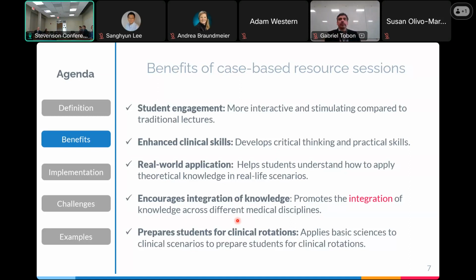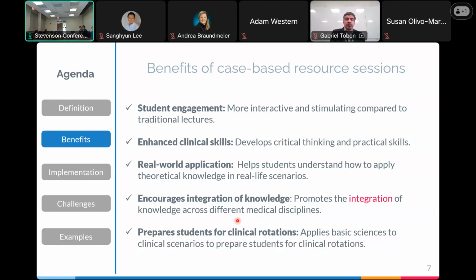We can also enhance clinical skills, developing critical thinking and practical skills with the real-world application of concepts. They already have, in the second year for example, the knowledge of basic sciences, biochemistry, genetics, anatomy. And in second year, we are applying knowledge in pharmacology, pathology, to move to clinical and real-life scenarios.